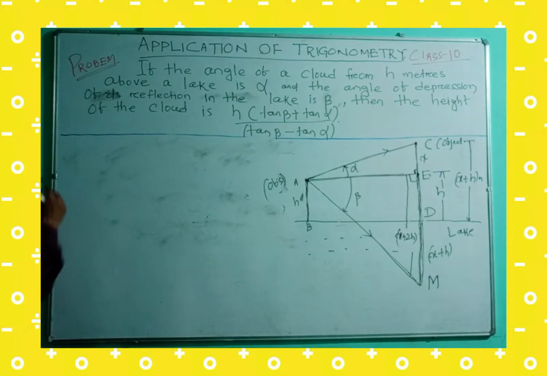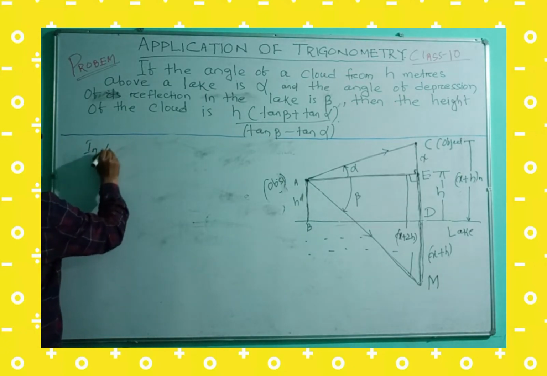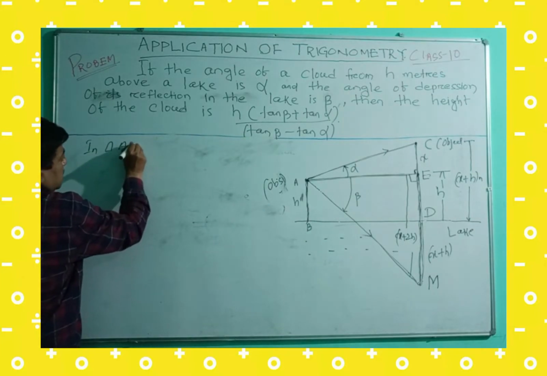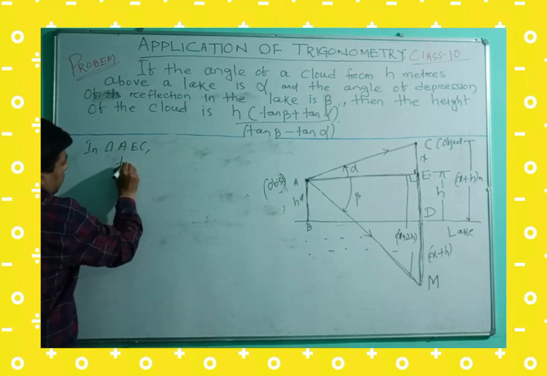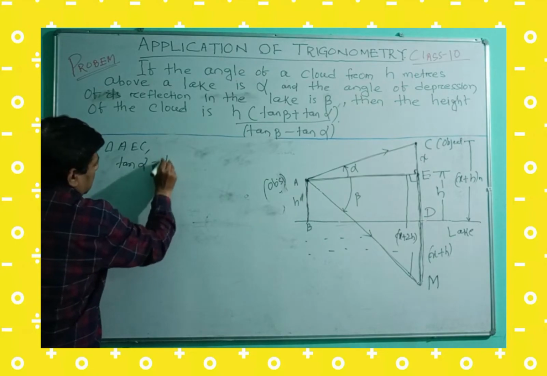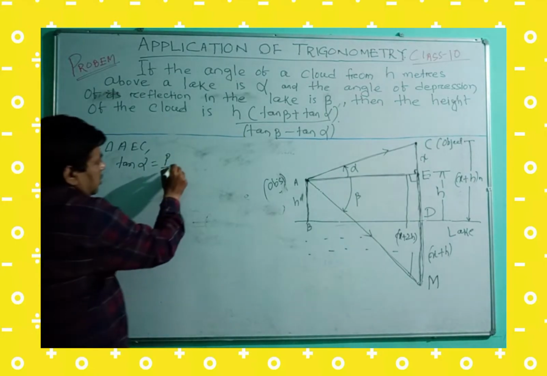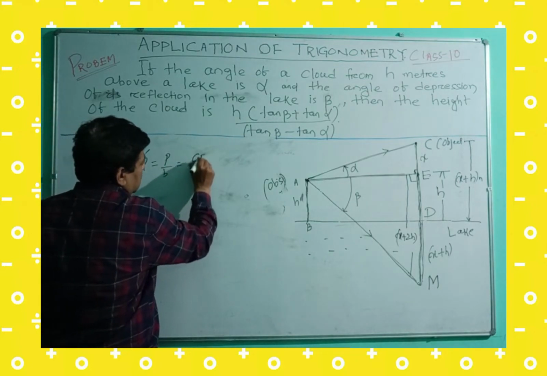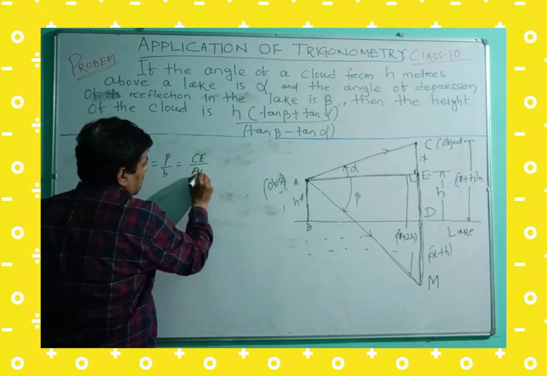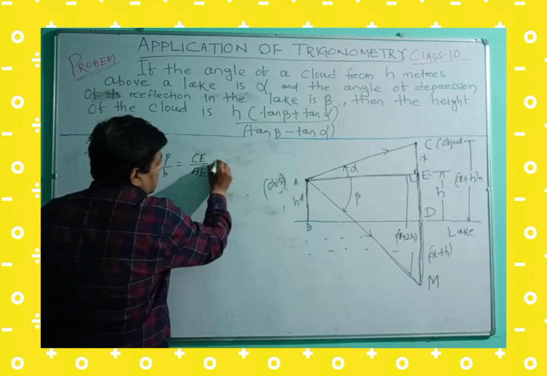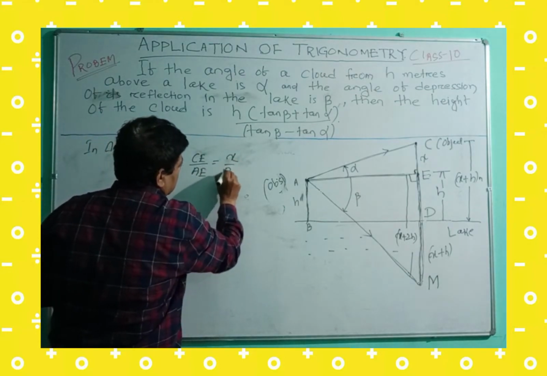Okay, now you see the right triangle AEC, first you see tan alpha. What is tan alpha? Tan alpha is the ratio between the perpendicular and the base of the right angle triangle, and here the perpendicular is CE, and the base is AE. Yes or no? And the length of CE is given, X by AE.